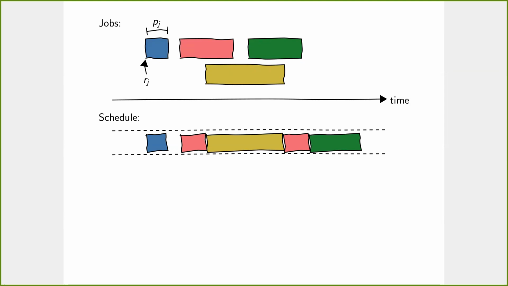What is allowed is that you can preempt the job, so that means I can interrupt processing a job and I can resume it later. And in the end, I need to process all the jobs.